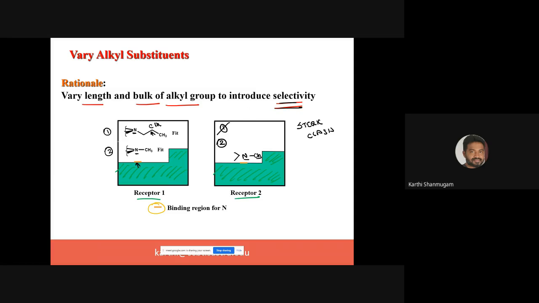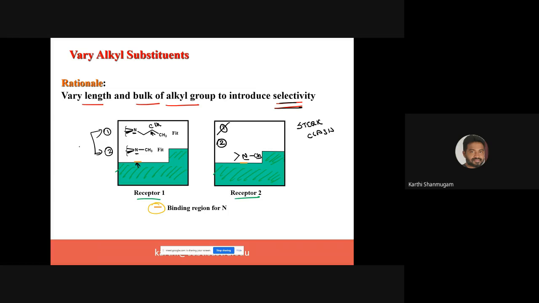Now my question is, compound 1 and compound 2, which of these molecules is not selective for receptor 1 or receptor 2? Which of these can go and bind to both the receptors?